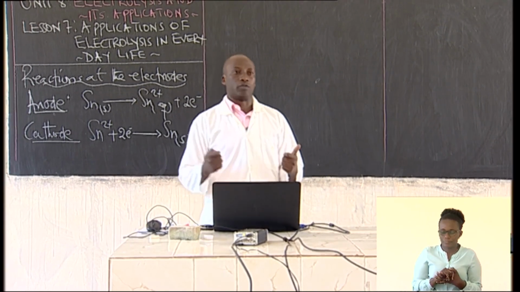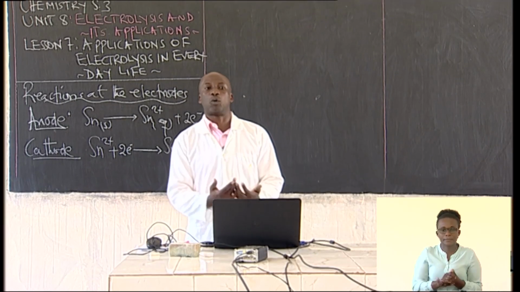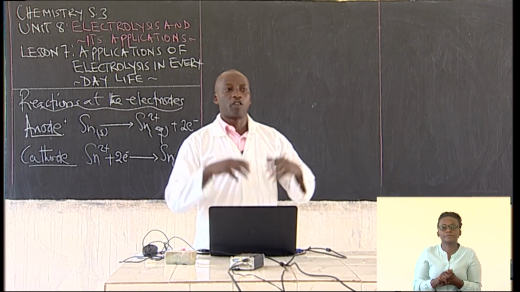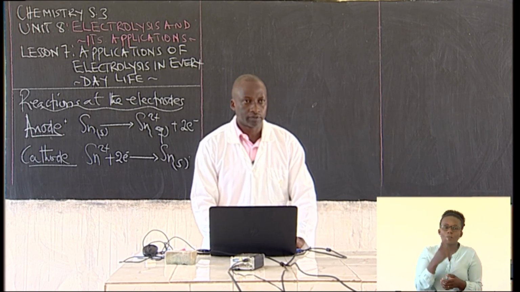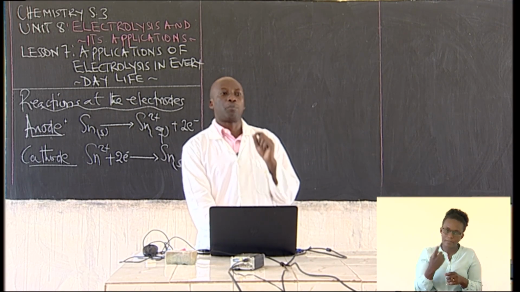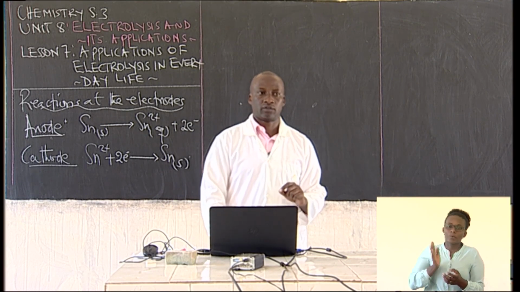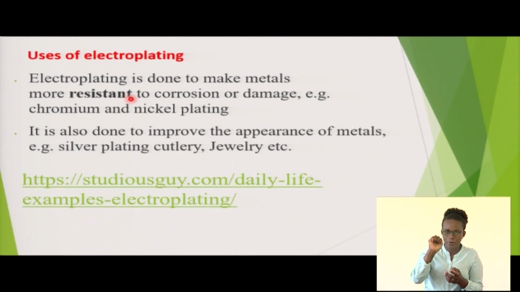So let's move on. Why electroplate? There are so many uses. One of the uses of electroplating is to make metals more resistant to corrosion or damage. We can talk about chromium or nickel plating. These are other metals. Or copper. Copper does not easily rust. It cannot be easily damaged.